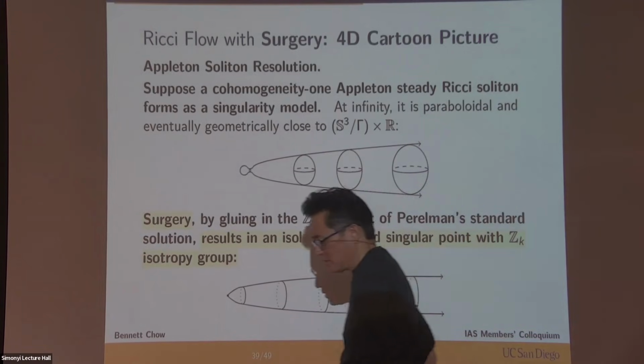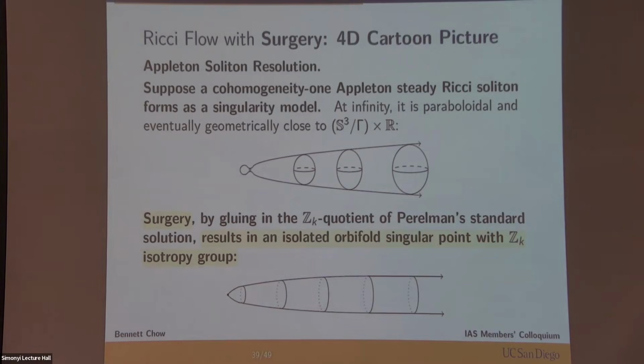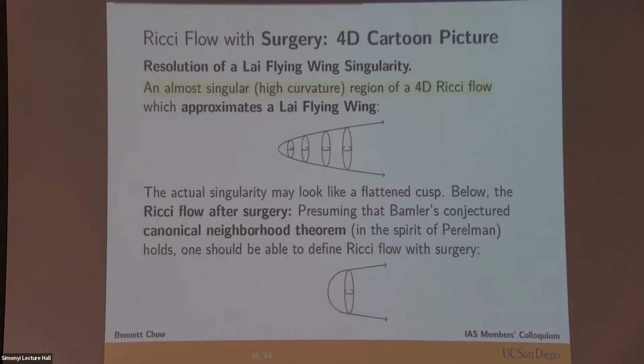If you chose to do that at the singularity time, it reduces infinite curvature back to finite curvature. Maybe that's not necessary to do it this way, but you can round it off in another way. Something similar should be true for Eli's flying wing singularity.